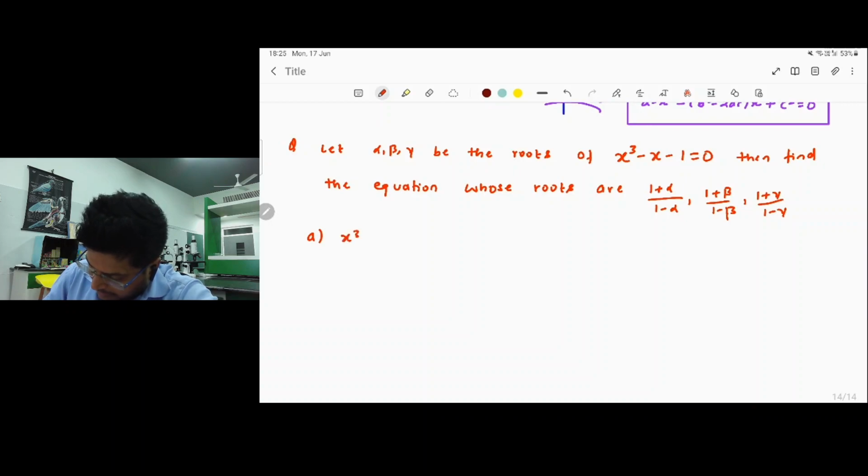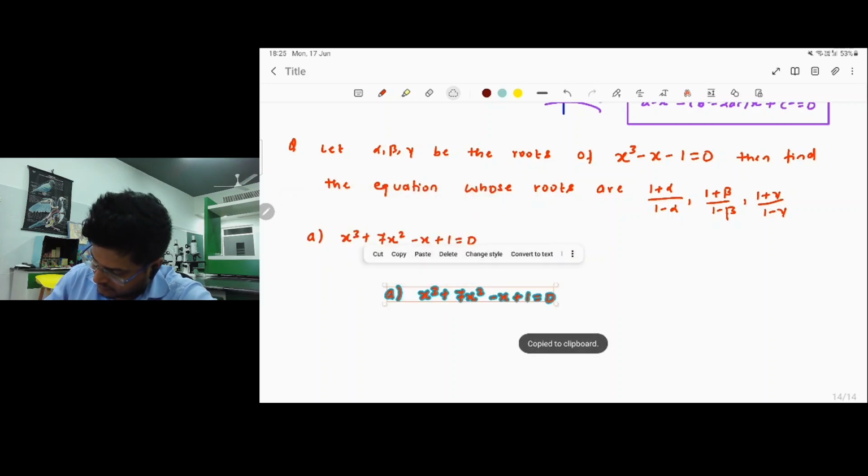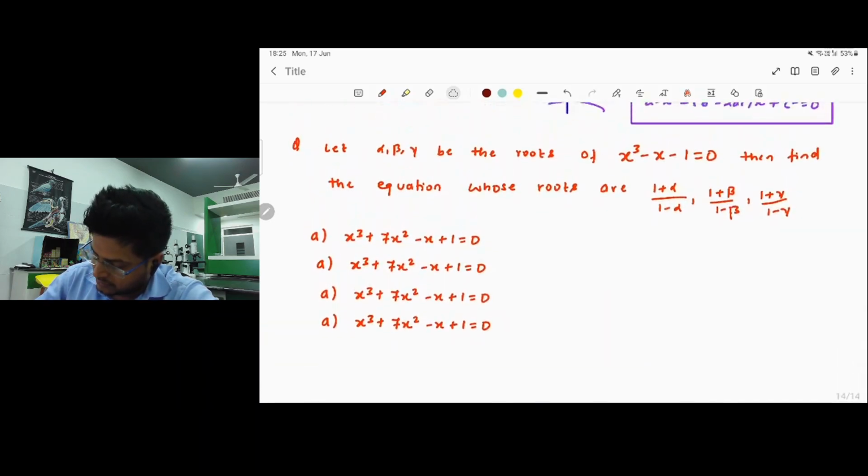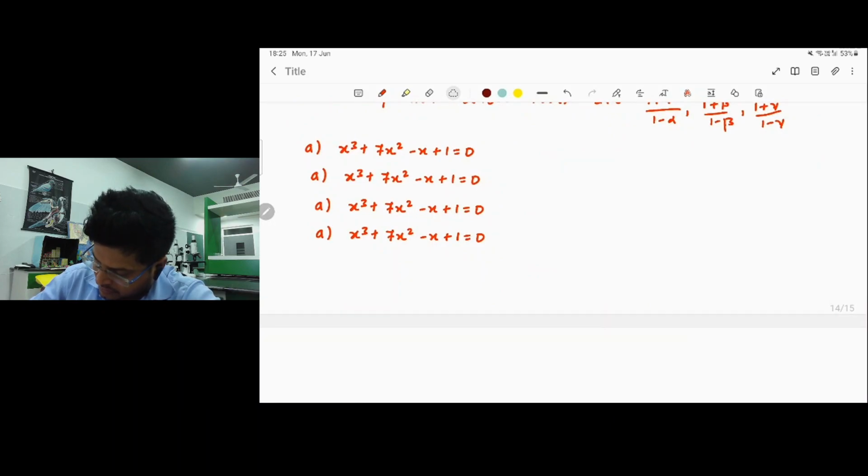The options are like x cube plus 7x square minus x plus 1 equals 0. For the second option, the changes are that there is a minus here, and then there is a plus.